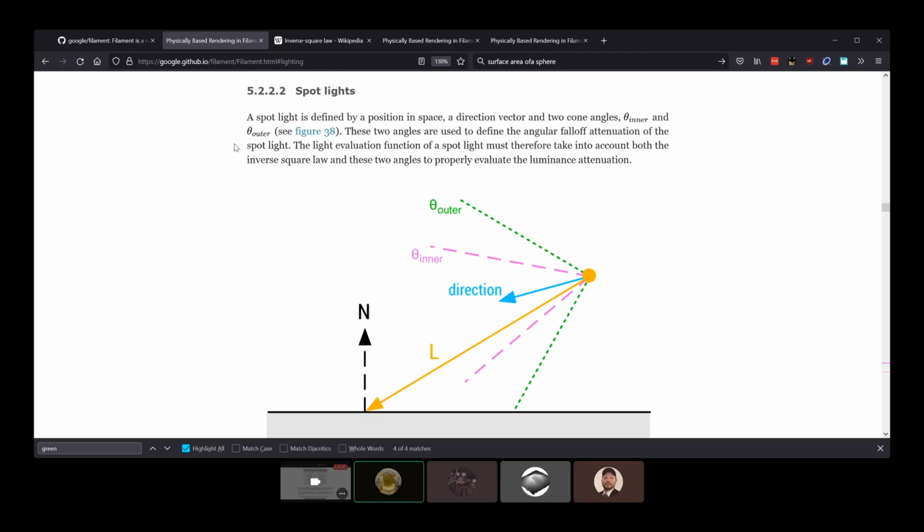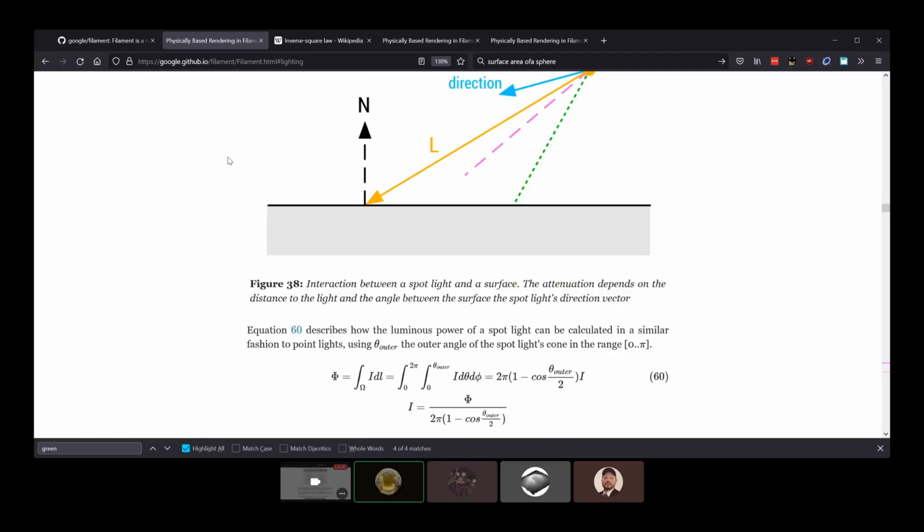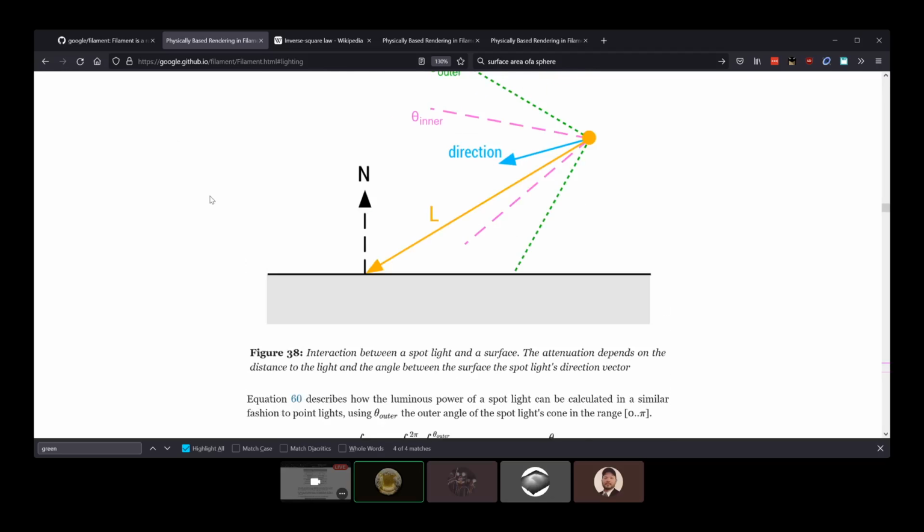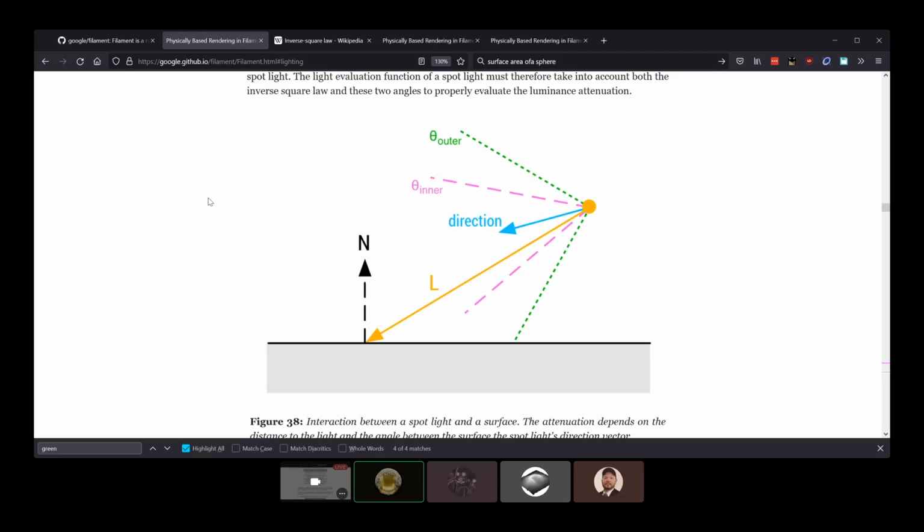So I think this is a way you could use the dot product to scale the intensity of the L vector relative to the direction of the spotlight. Like if you wanted it to be less bright at grazing angles, if your spotlight wasn't exactly pointing at your surface, you could have it kind of taper off.